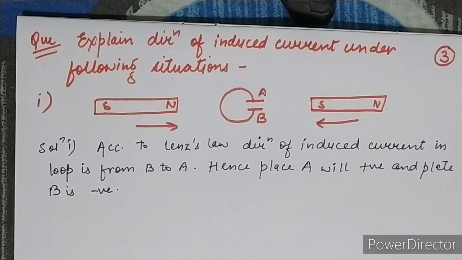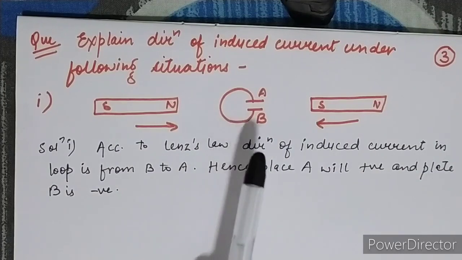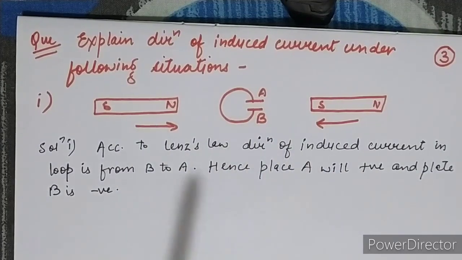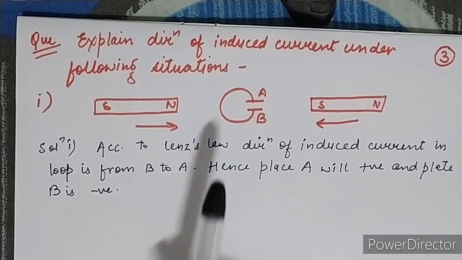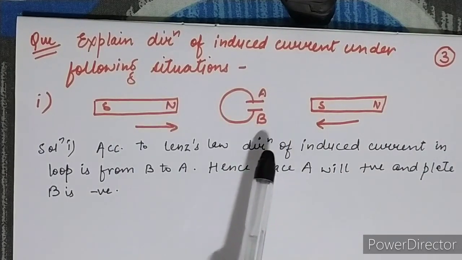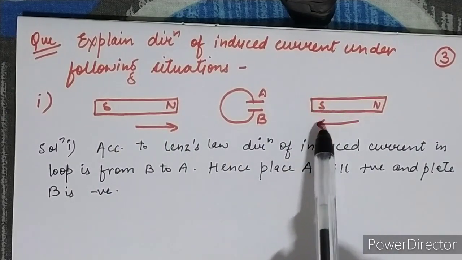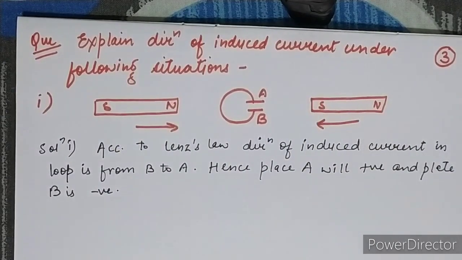As the north pole is coming this way, and the south pole is coming this way, north and south attract, moving from north to south, and inside it, south to north.